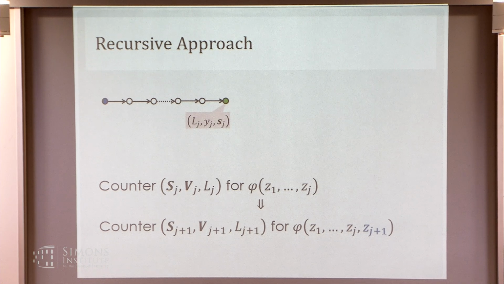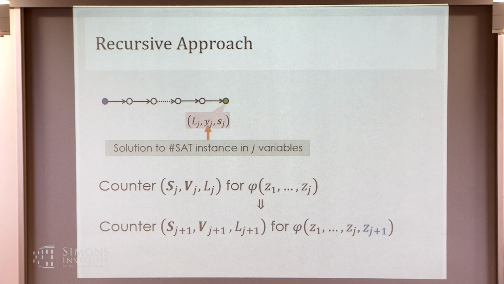We like recursion. So suppose we have such a thing for instances of length 2 to the j. This is L_j, the length of the path of the incrementally verifiable computation, with L_j steps, and it arrives at the correct solution and a proof for that solution. What's the arity of phi here?